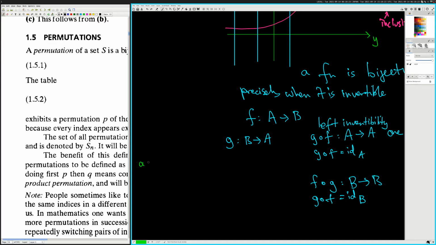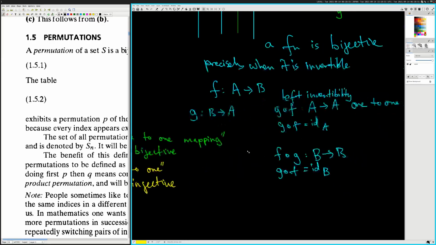A 1-to-1 mapping, this means bijective. The property of being 1-to-1, a mapping being 1-to-1, this is injective. So there's some wonderful terminology for you.